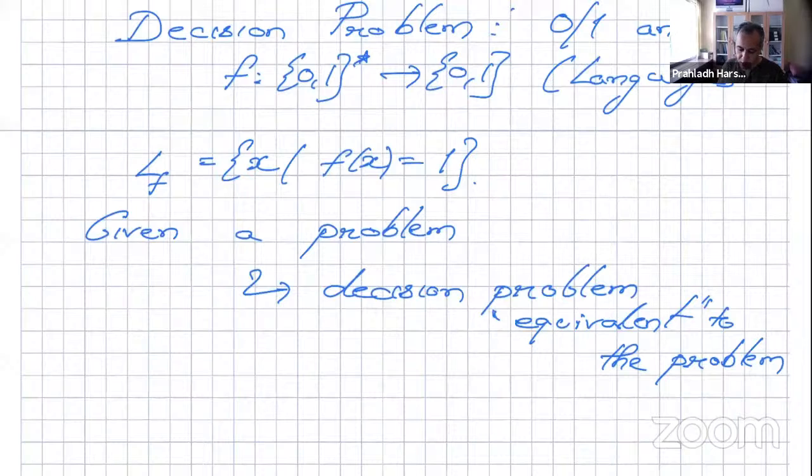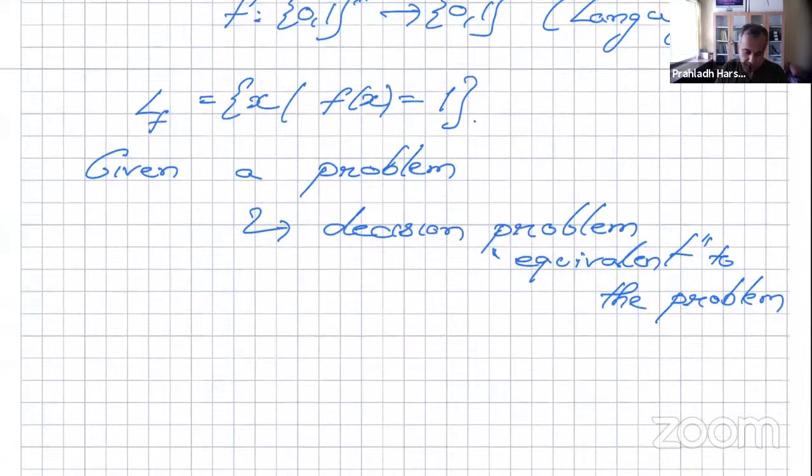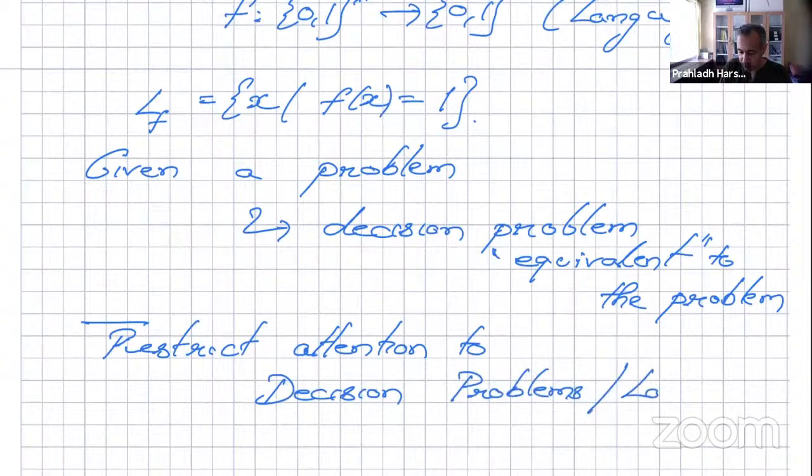Okay. All of this might be a repetition for some, you would have seen it in an early theory of computation class, but let's just do this. So now I'm going to restrict attention to decision problems, which we'll also call languages.